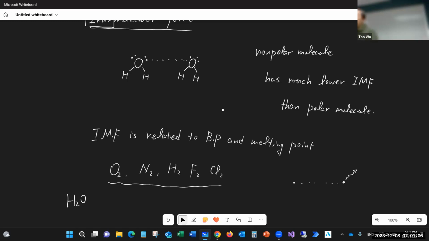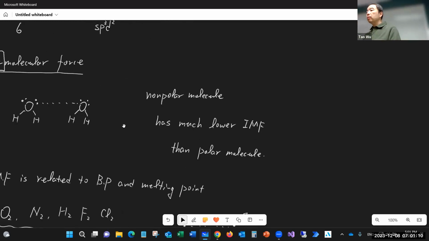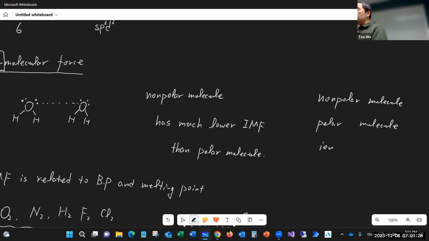So now we talk about the strength of the intermolecular force. Non-polar molecules usually have a really weak intermolecular force, and the polar molecule is stronger. Then the ionic compound usually has a much stronger intermolecular force than this.